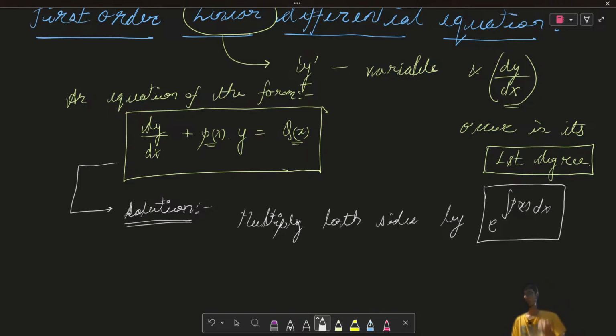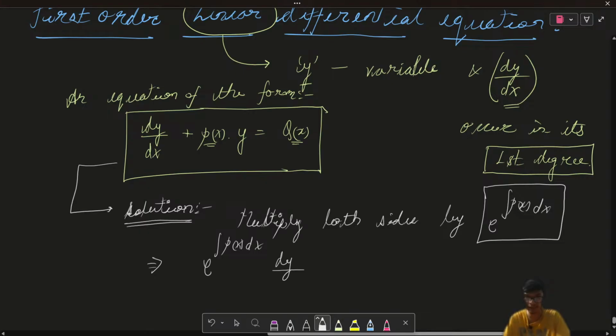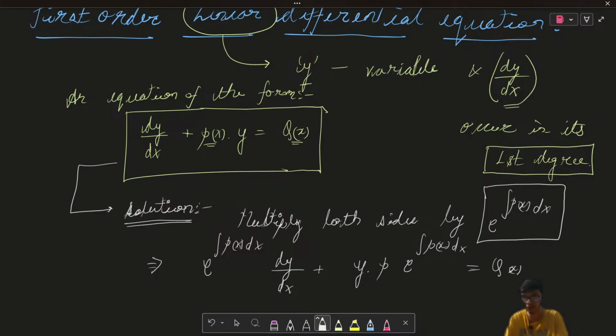So if I multiply both sides of this differential equation with e to the power integration of P(x) dx, what am I going to get? I'm going to get e to the power integration of P(x) dx times dy upon dx plus y times P into e to the power integration of P(x) dx is equal to Q(x) into e to the power integration of P(x) dx, right? I hope this is clear.